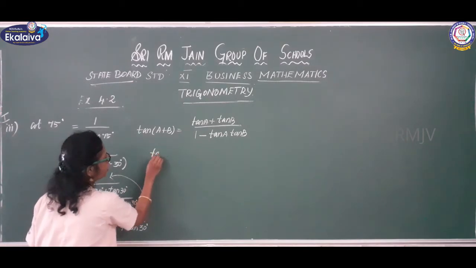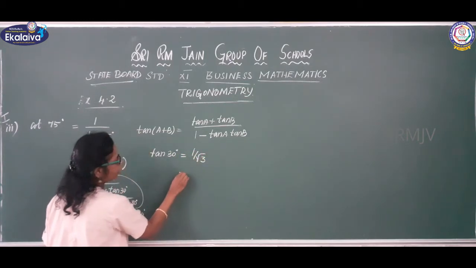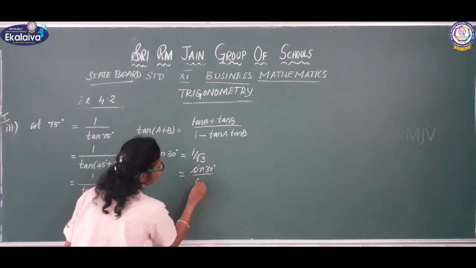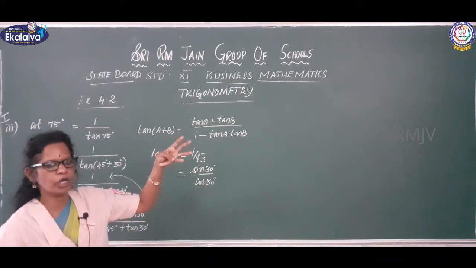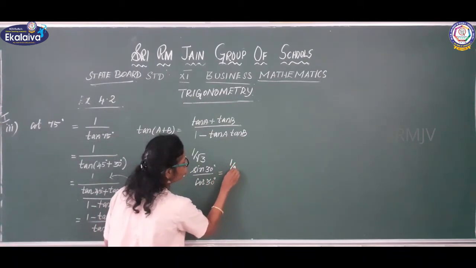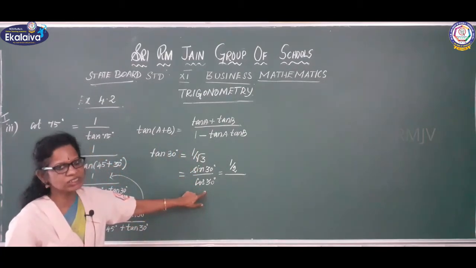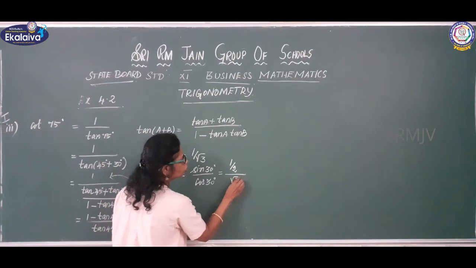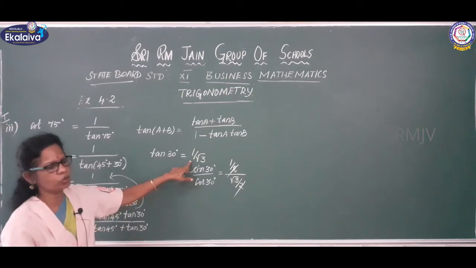Tan can be written as sin 30 divided by cos 30, right? What is sin 30? I told you square root of 1 divided by 2 is nothing but 1 by 2. 1 by 2 divided by sin 60 degree, which is equivalent to cos 30, square root of 3 divided by 2. So, root 3 divided by 2 cancel. You arrive at the result 1 by root 3, right?